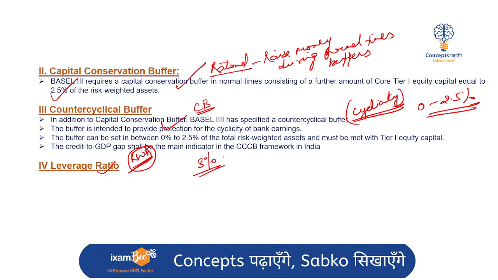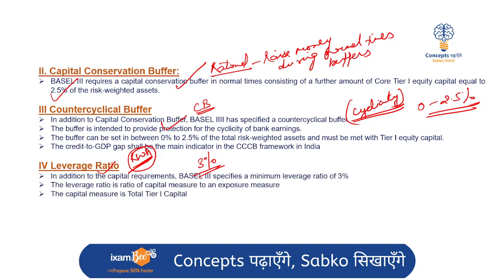The capital measure is total tier 1 capital, and the exposure measure is a sum of on balance sheet exposures, derivative exposures, and off balance sheet items. So no risk weighting is required in such cases. Only the full exposure would be counted, so a 3% minimum would be there.